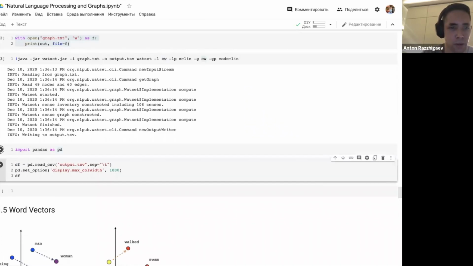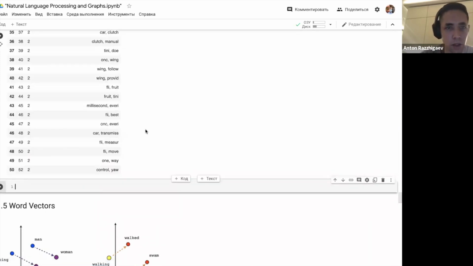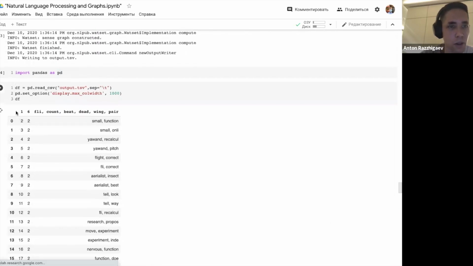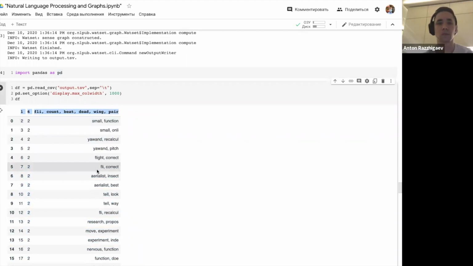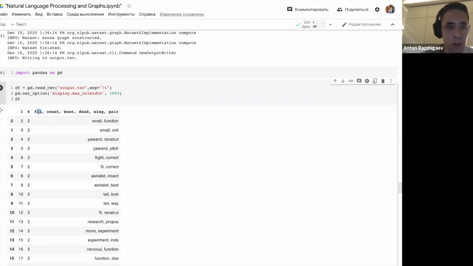Now we can read this file with pandas. And look what happens. Well, this is the first row. It was displayed like a header of the data frame, but it is the first cluster and other clusters. So we can see, for example, that the word fly is assigned to several clusters.